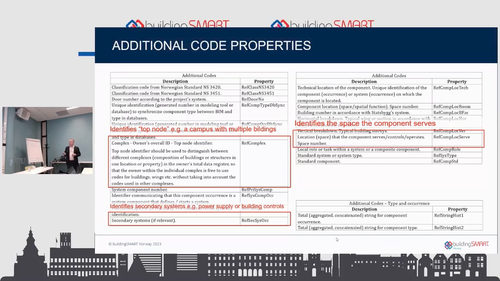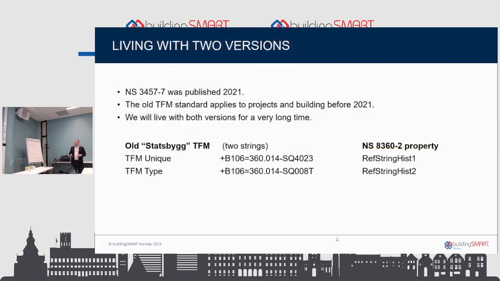Thank you. I think I need to rush on. There's a lot of ground to cover here. The old system, I don't think you should turn it off. The old system actually had 2 strings, one for the type, and one unique for the occurrence. We identified those with historic strings.